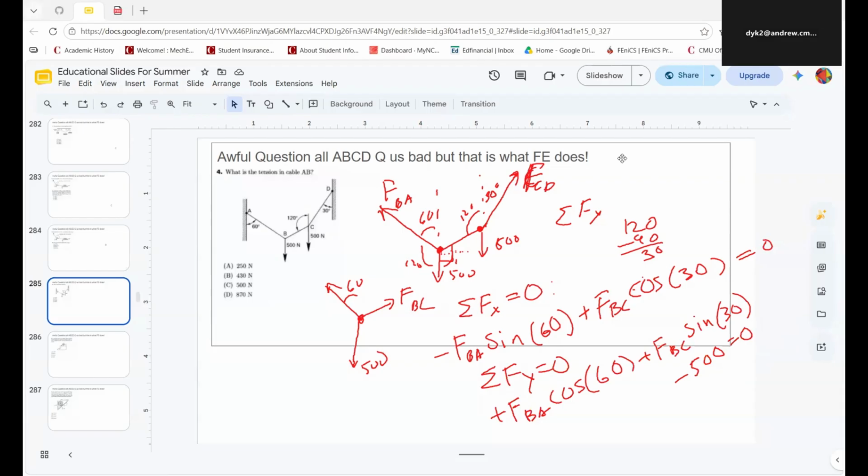I believe you press on and go to the system, 2 by 2 linear solve, and then we do minus sine 60, and then we do cosine 30, and we do 0 on the end, and then we do cosine 60, and we do sine 30.